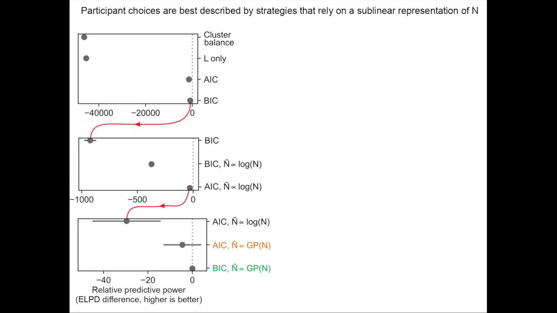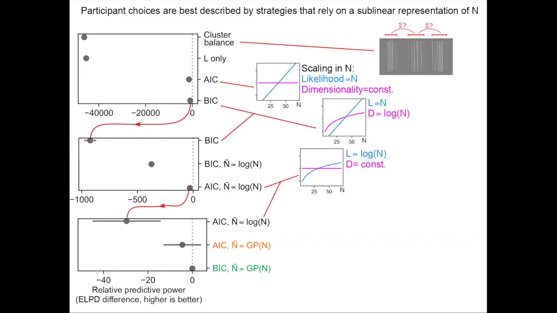This corresponds to the strategies I was talking about before, but they assume different ways in which the number of perceived data points may scale with the true number of data points. I'm going to give you some details in a second. And this one is some other heuristic, which is really just based on the details of the task that I'm not going to dwell on too much.